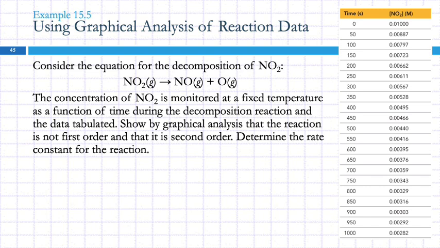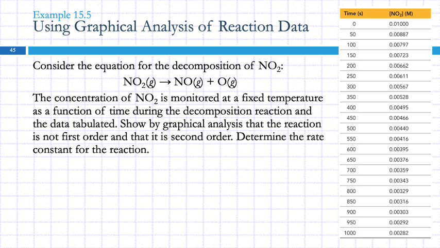Well, we're going to use graphical analysis again to solve this problem. Consider the equation for the decomposition of NO2. Concentration of NO2 is monitored at a fixed temperature. See, this time they didn't bother telling us what it was because we don't need to know. It's monitored as a function of time during the decomposition reaction, and the data is tabulated.